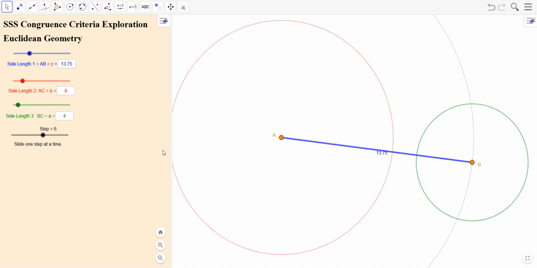All those triangles are the same. So the SSS condition is enough to guarantee that if two triangles exist, and all three pairs of corresponding sides are congruent, then in fact the two triangles must be congruent. Their angles, in other words, must be congruent as well.